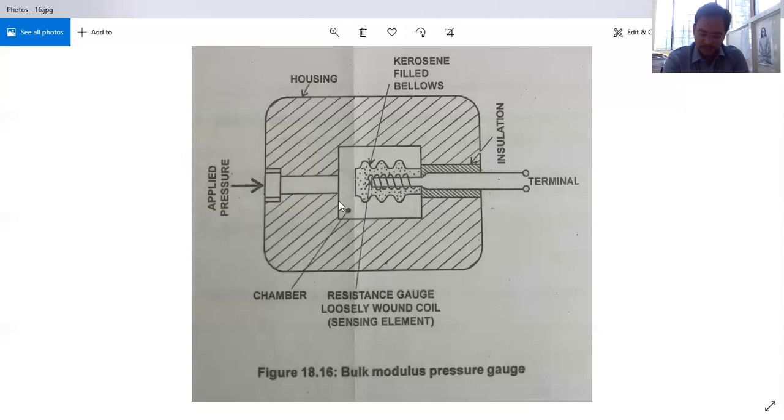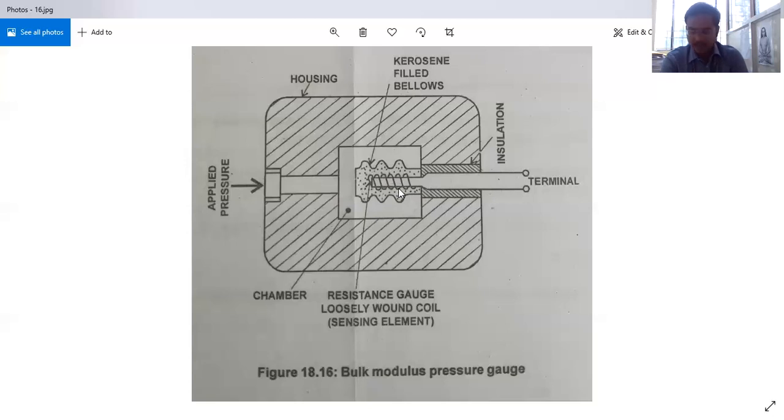Due to the applied pressure, the bellows and hence the kerosene in the bellows tend to get compressed. Due to this bulk compression of the bellows and the kerosene, the resistance of the electrical conductor changes.